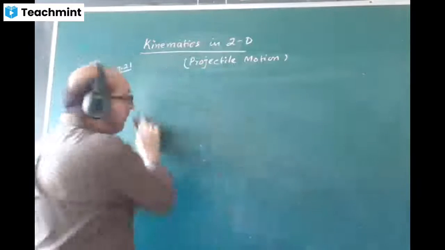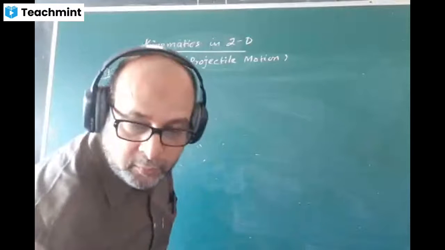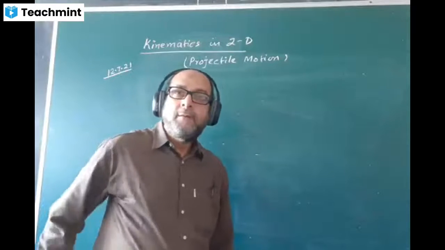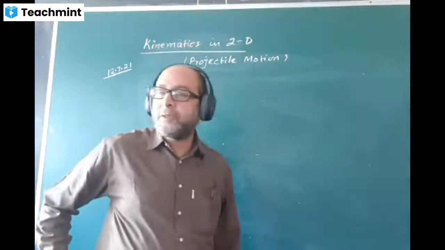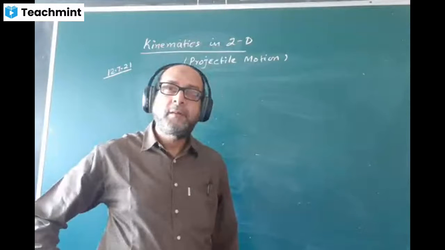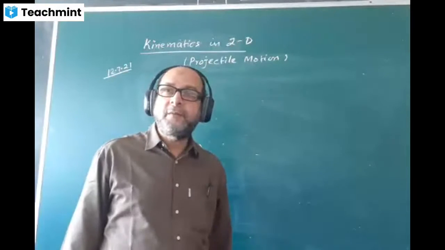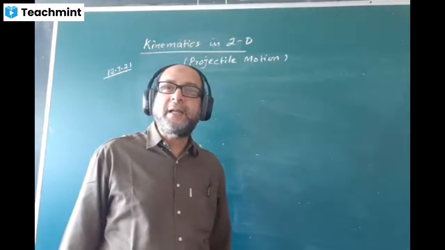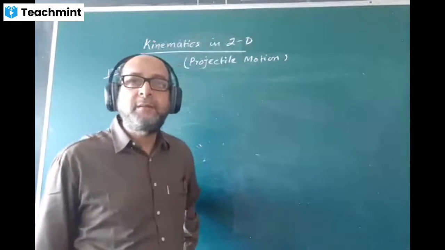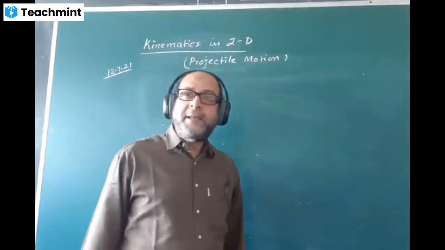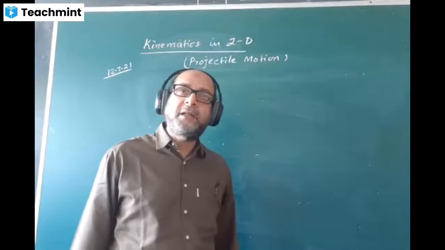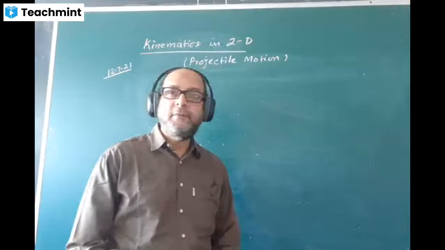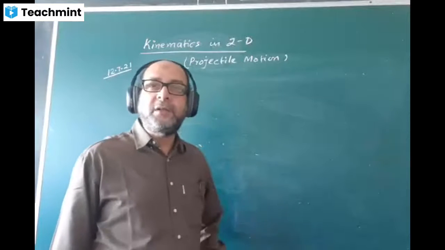Now take a simple question, write down. A body is thrown upwards with a velocity 20 meters per second, making an angle 30 degrees with horizontal.